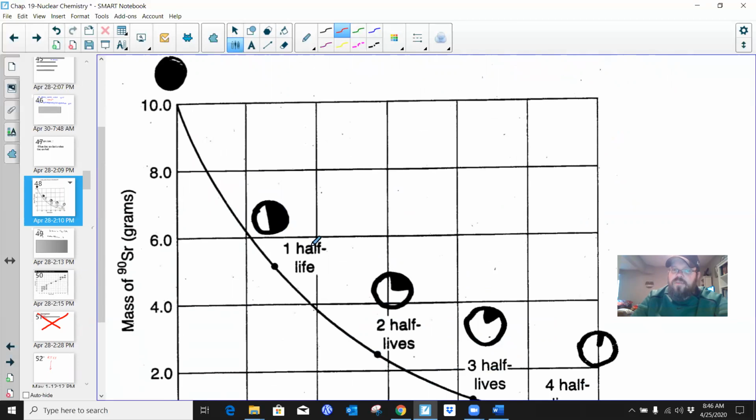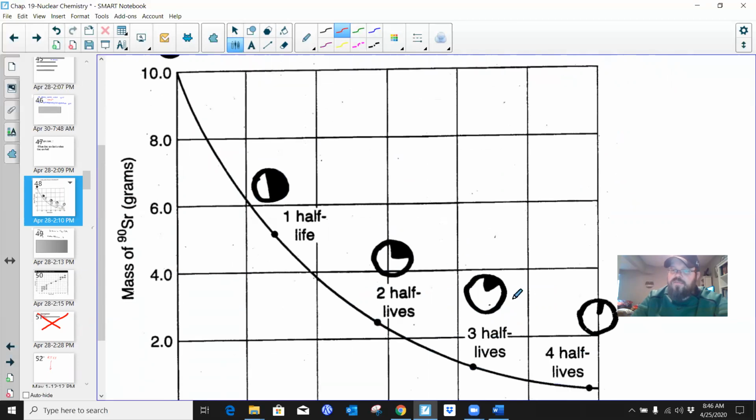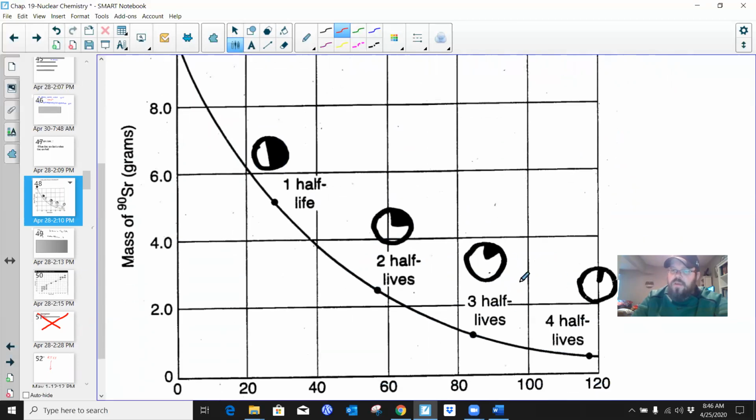Radioactive decay goes through these series of half-lives. Remember we said after about 4 or 5 half-lives, no matter how much you start with, you're going to have such an infinitesimally small amount of it. So because carbon has a 5,730 year half-life, once you get past 5 half-lives, no matter what you start with, you're going to have such a small amount of it.